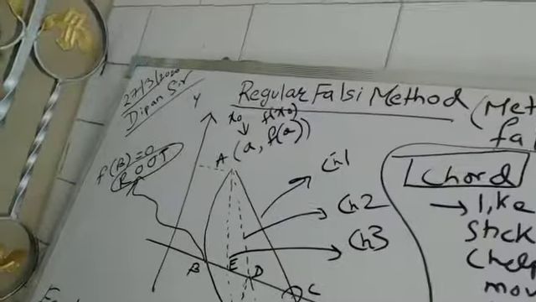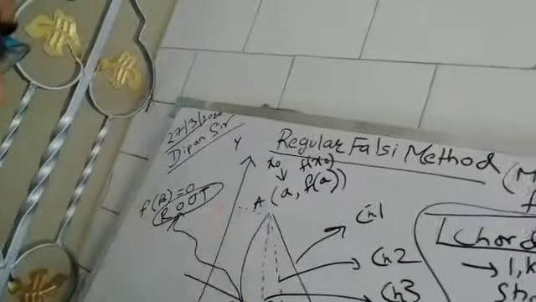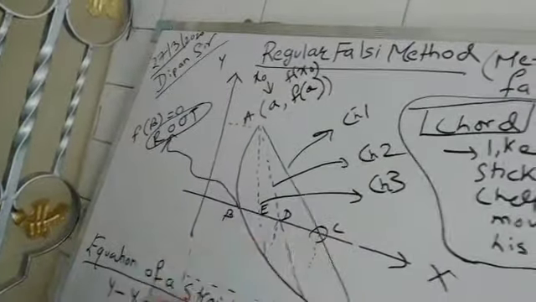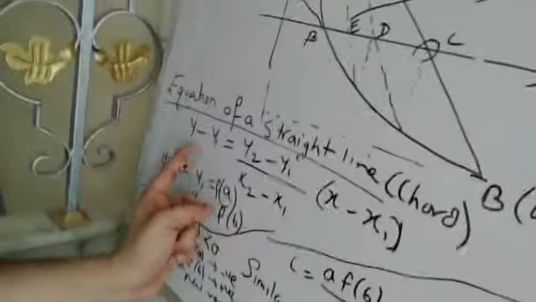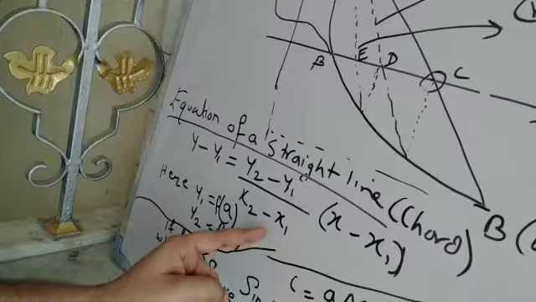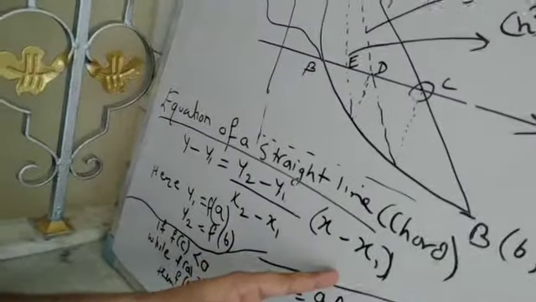Now see, we are approximating this curve by a chord, and this will meet the x-axis at the point C. We know that the equation of a straight line is y minus y1 equals (y2 minus y1) by (x2 minus x1) times (x minus x1).